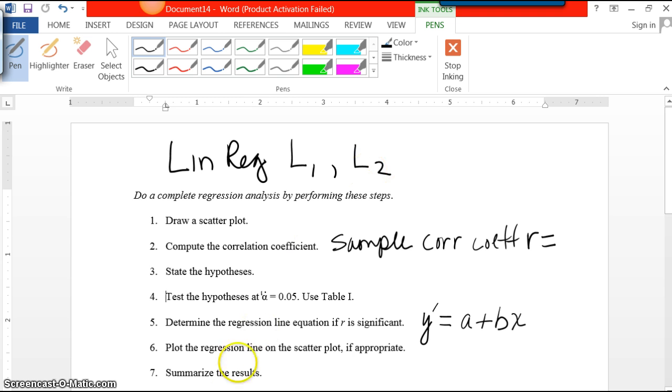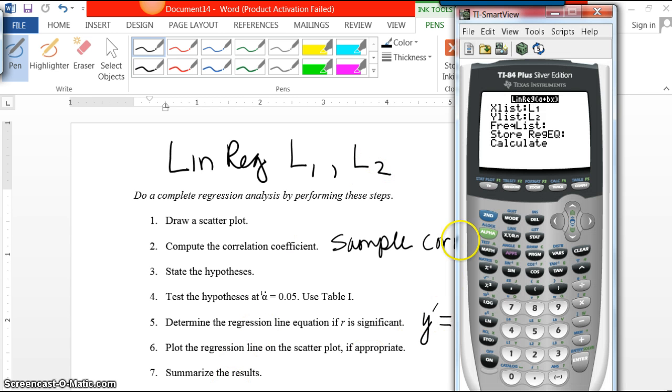The way you would tell it list 1, comma, list 2 is by touching second and number 1. Here's the comma key. Touch that, then second, number 2, and then enter. Ours just looks a little different. I've got the L1, L2 here. I don't want anything in the frequency. I'm not going to store this regression equation right yet.